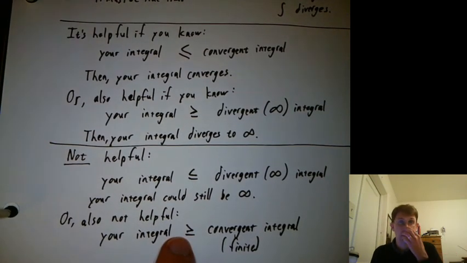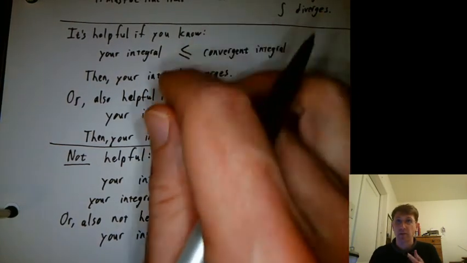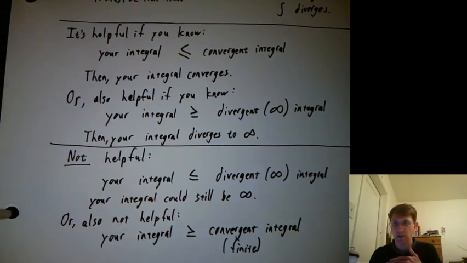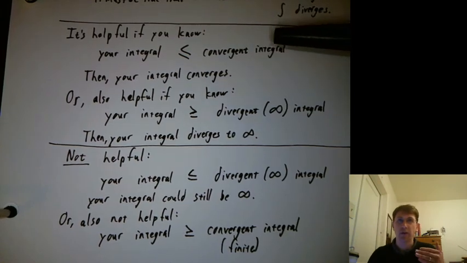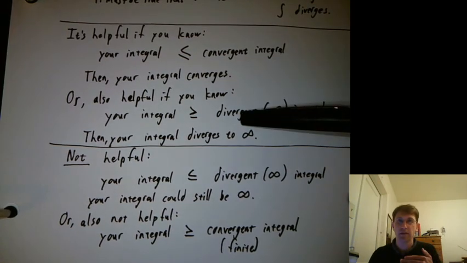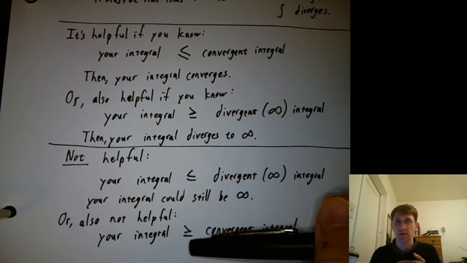Your integral could be infinite. So this whole direct comparison thing, it's kind of like a one-way valve, or just two different one-way valves that kind of work in these situations but fail to work in these situations.